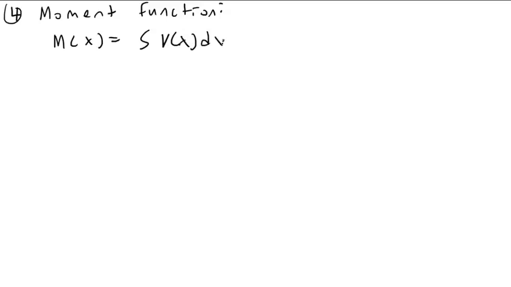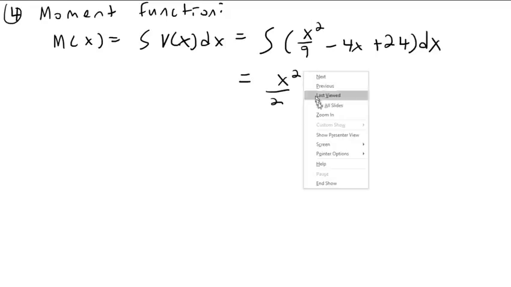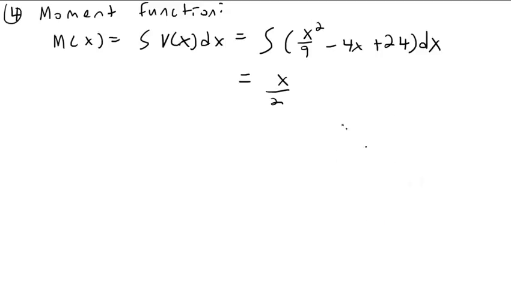Equals the integral of the shear function, x squared over 9 minus 4x plus 24 dx, which is equal to x cubed over 27 minus 2x squared plus 24x plus C2.